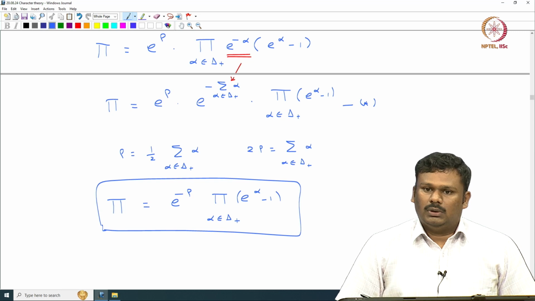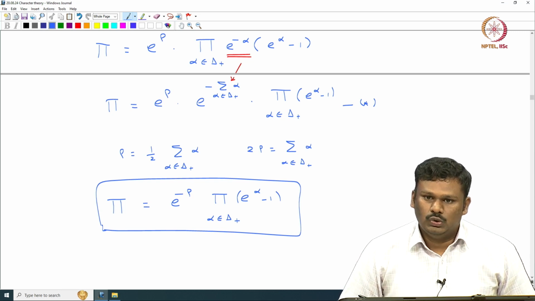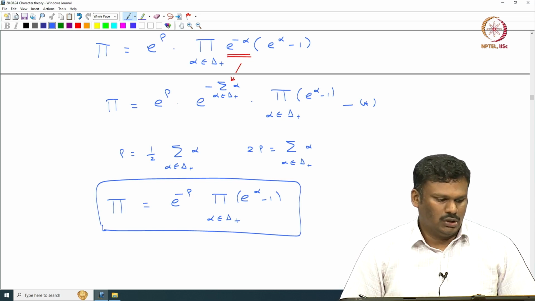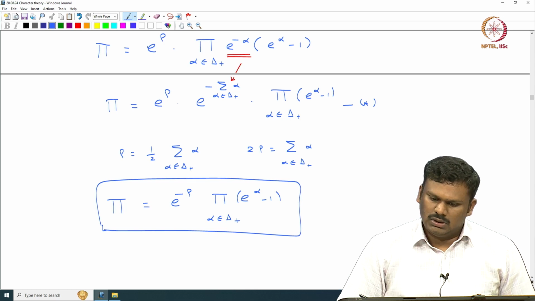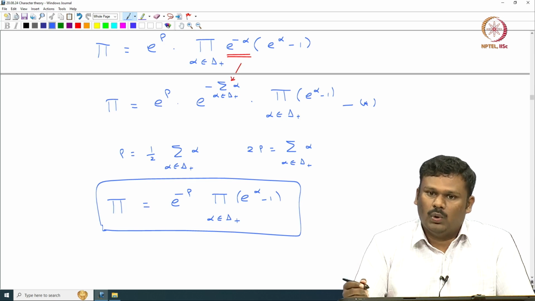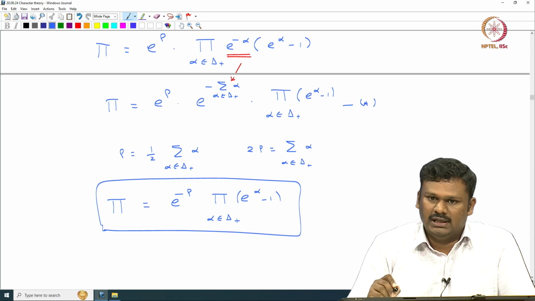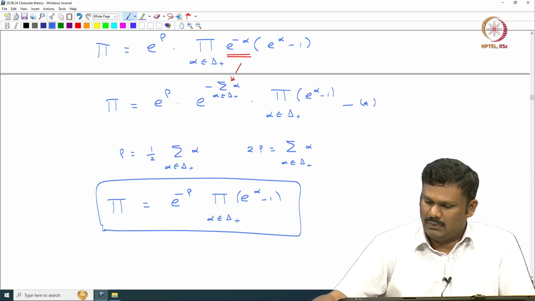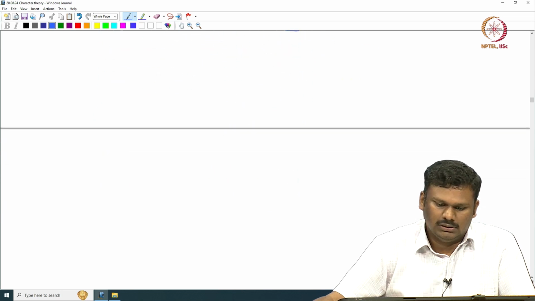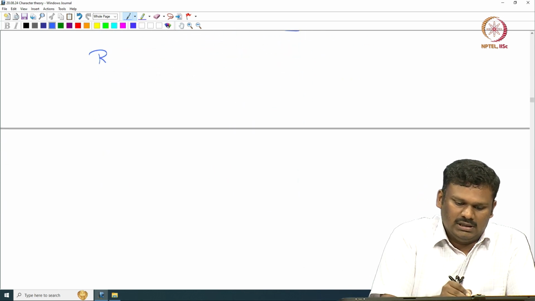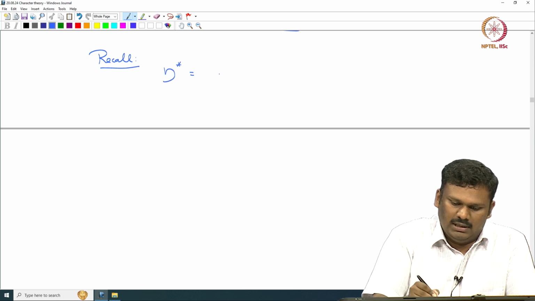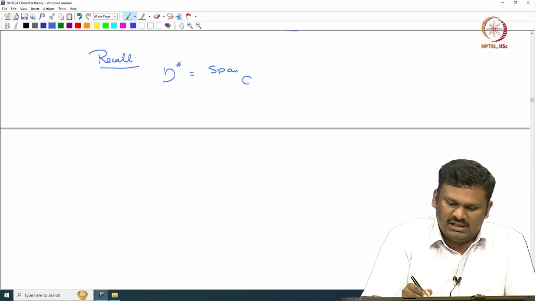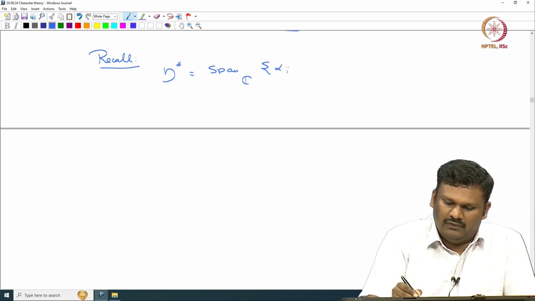Now to prove the denominator identity, we need to use the Weyl group action. In order to understand it, let us first understand the Weyl group action on the Euclidean space that underlies this h star. Recall that h star is the span over C of the alpha_i's, i ranging from 1 to n plus 1.